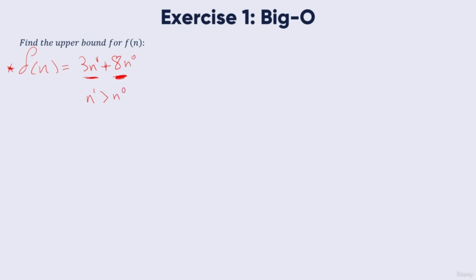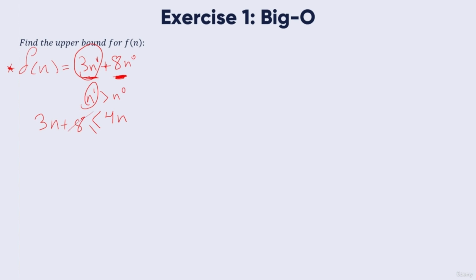So we took n to the power 1 as the biggest. This means we remove the constant, and 3n plus 8 is less than 4n.